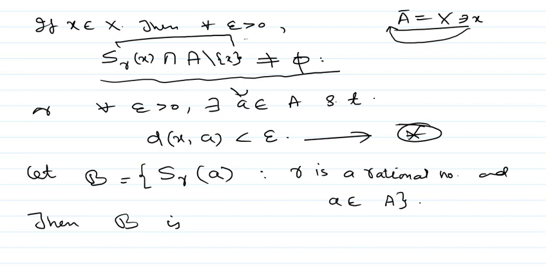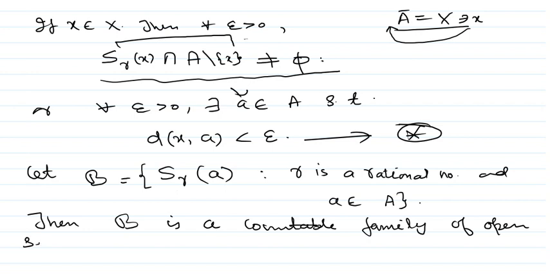Then this B is a countable family of open sets. In fact, they are open spheres obviously. So every open sphere is an open set. So this is a countable family of open sets.